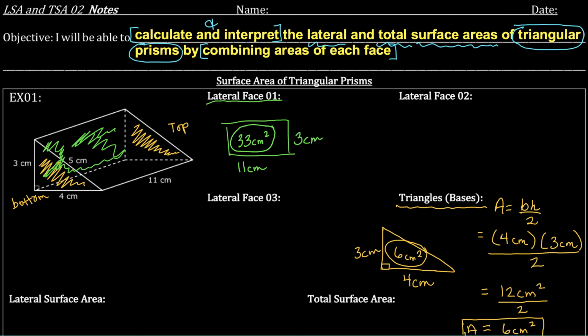Lateral face 2. Let's use blue. Let's use this bottom rectangle. Lateral face 2 is 11 centimeters long by 4 centimeters. You can see it like this and this. If you prefer, I'm actually going to draw it like this instead.